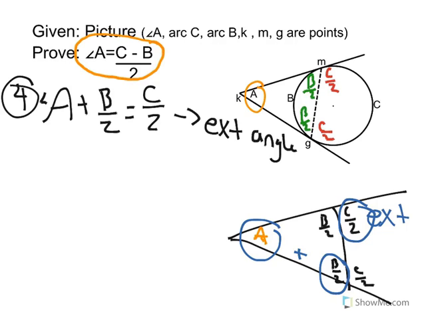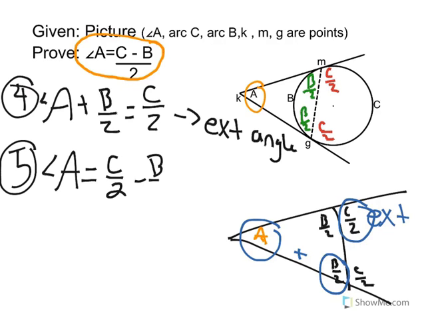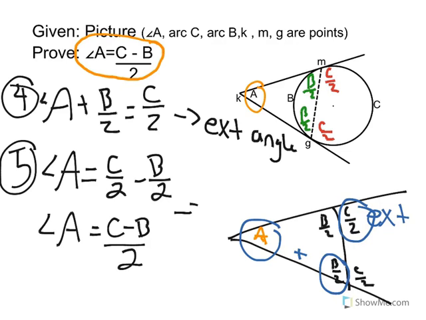All I really have to do is get A by itself. So to get A by itself, you would subtract B over 2. So angle A is going to equal C over 2 minus B over 2, which means that angle A is going to equal C minus B divided by 2. And what you did there was just simplify. Used your algebra skills. And that's it.